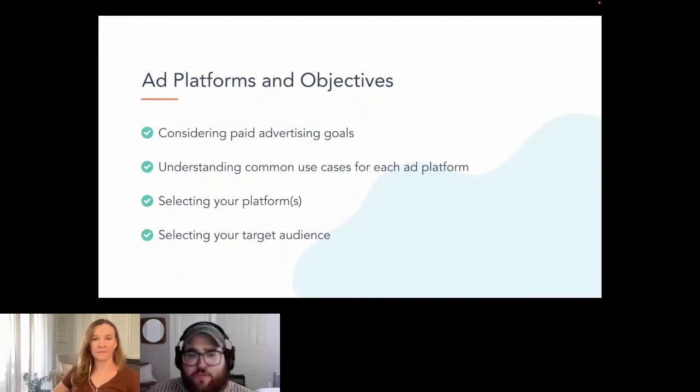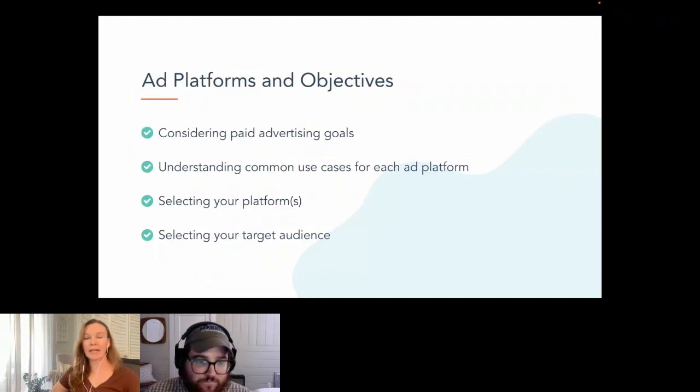Am I looking for a new audience based on search intent? Am I looking for an audience that already knows who I am, has been to my website, and I want to retarget them with some display ads? So you have those different options. And I think really having that full thought about what you're looking to accomplish with ads will allow you to get started on the right foot with the right platform to accomplish those goals.